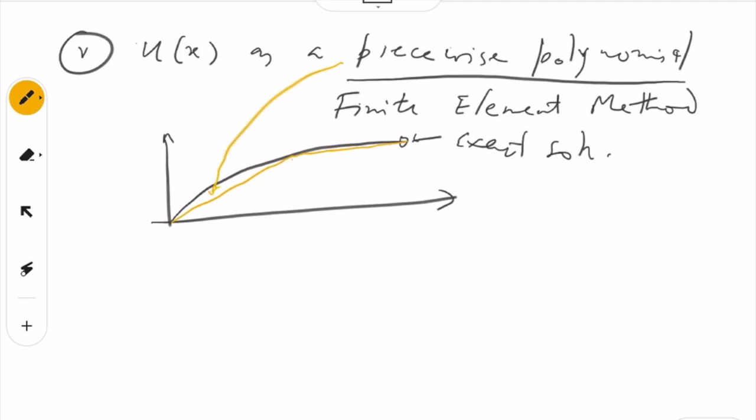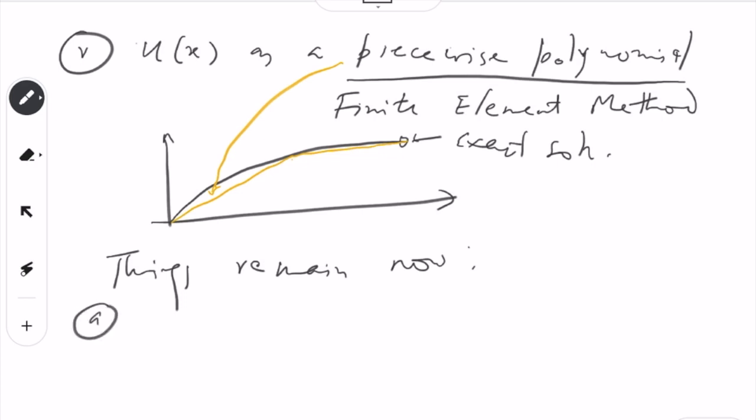So basically we already have the background. The only things that remain now: A, we want it to be more accurate, so accuracy we have to look at. B, we have to look at how fast it is.